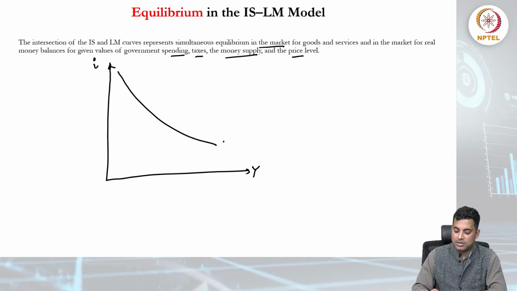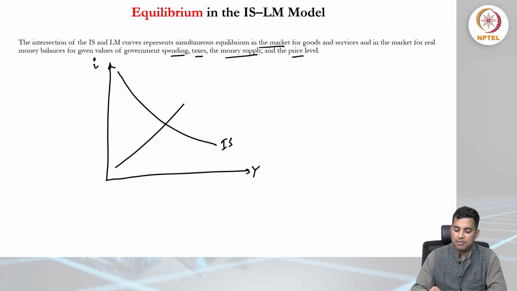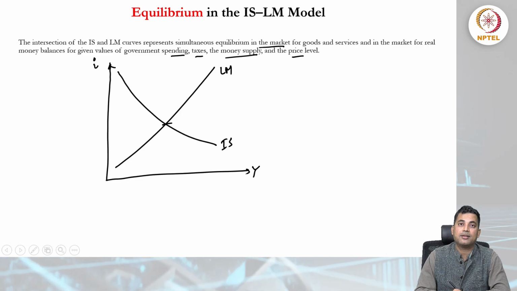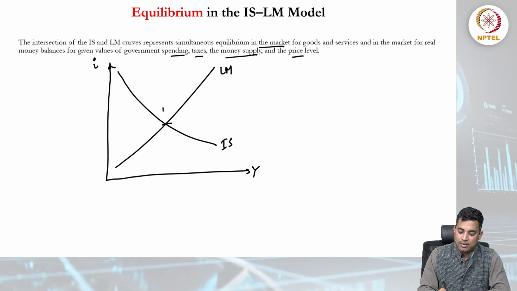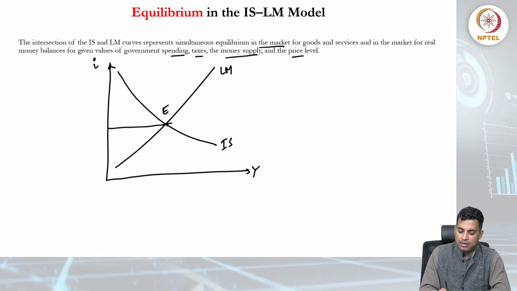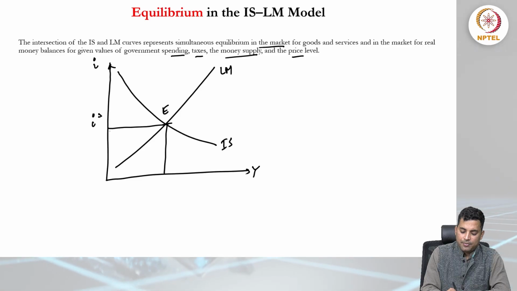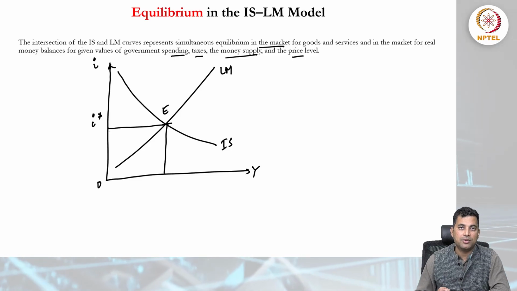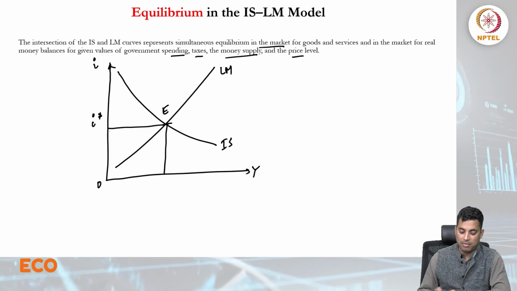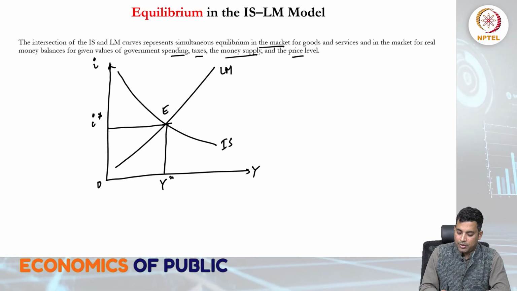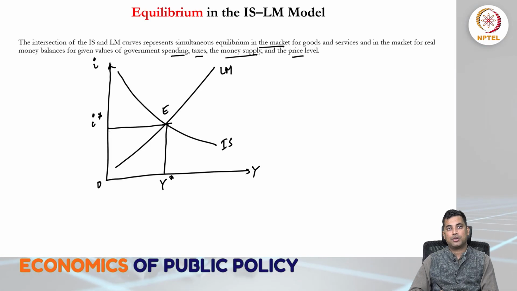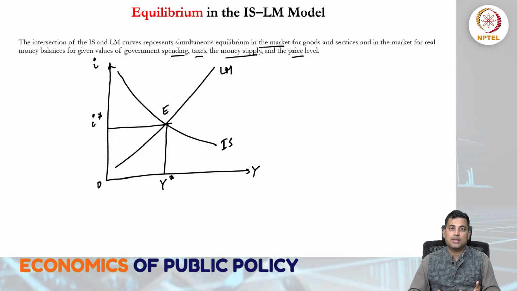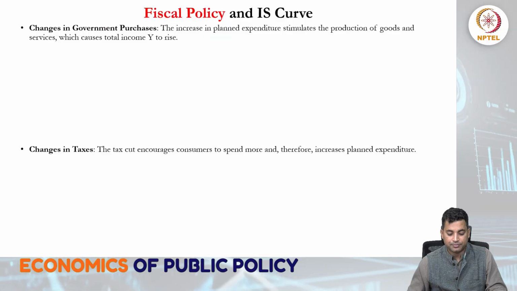The IS curve is downward sloping and the LM curve is upward sloping, as we already drew, and they intersect at point E. At E, OI star is the equilibrium rate of interest that will be charged in the market for producing OY star amount of total output. So this is the equilibrium condition in the IS-LM market.